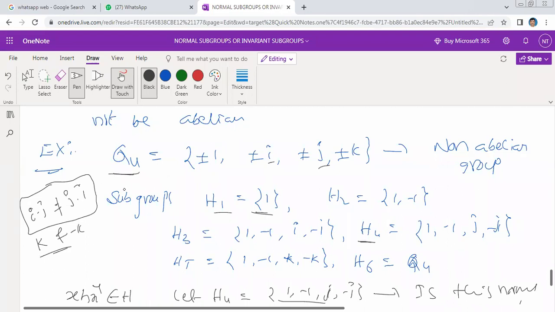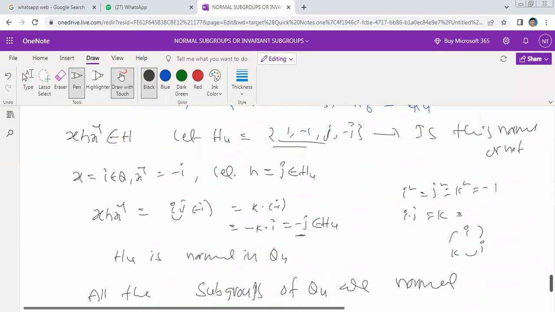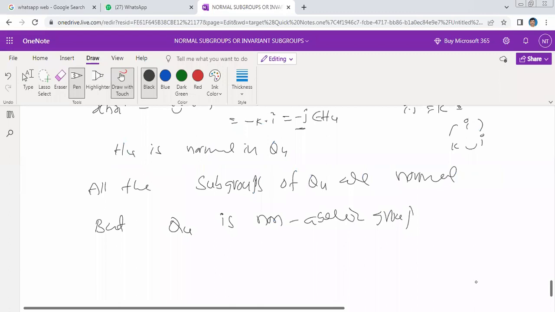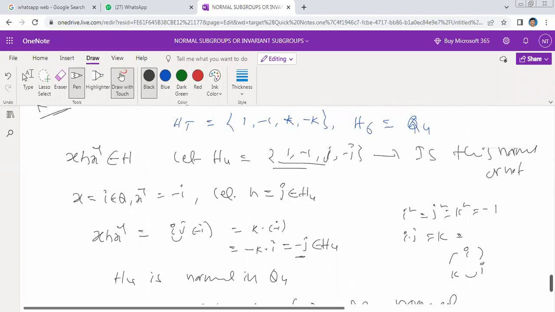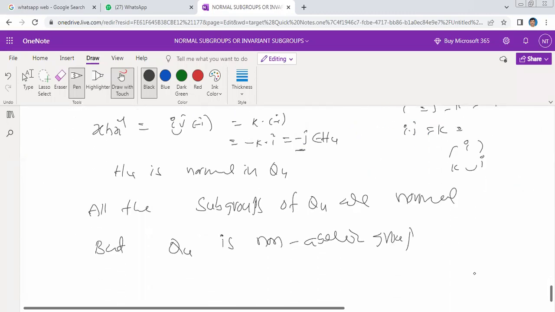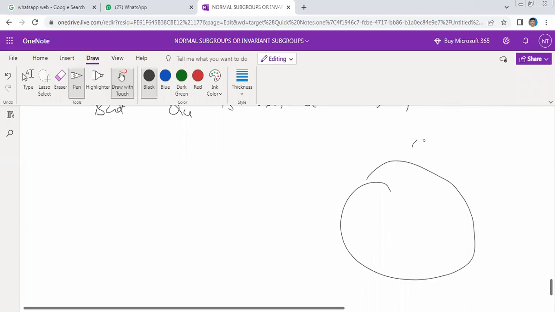It's a very familiar and important group, the quaternion group Q4. Q4 is a non-abelian group which consists of 6 subgroups. Out of these subgroups all are normal subgroups. How many normal subgroups of Q4? 6. Yes, this is the example for the converse of this one. ఇక్కడ ఏం జరిగింది Q4.